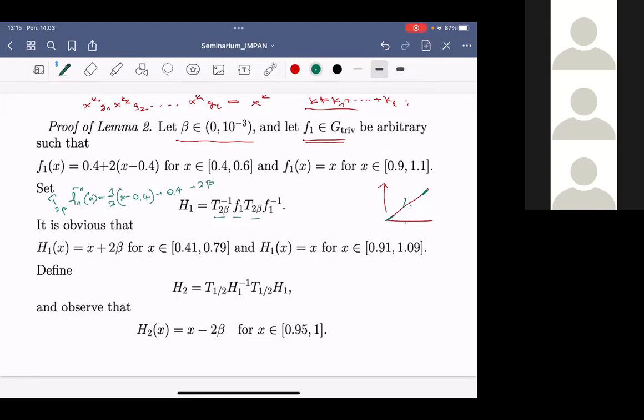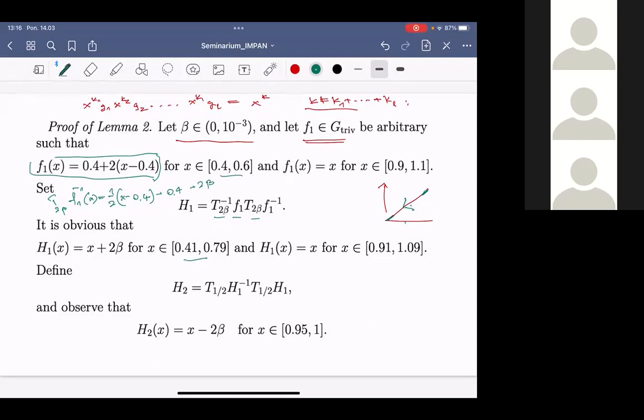And now we take f1, but having this, we will be in the domain where f1 is given by this formula, because we are transformed from this interval to this interval or to some subinterval of this.